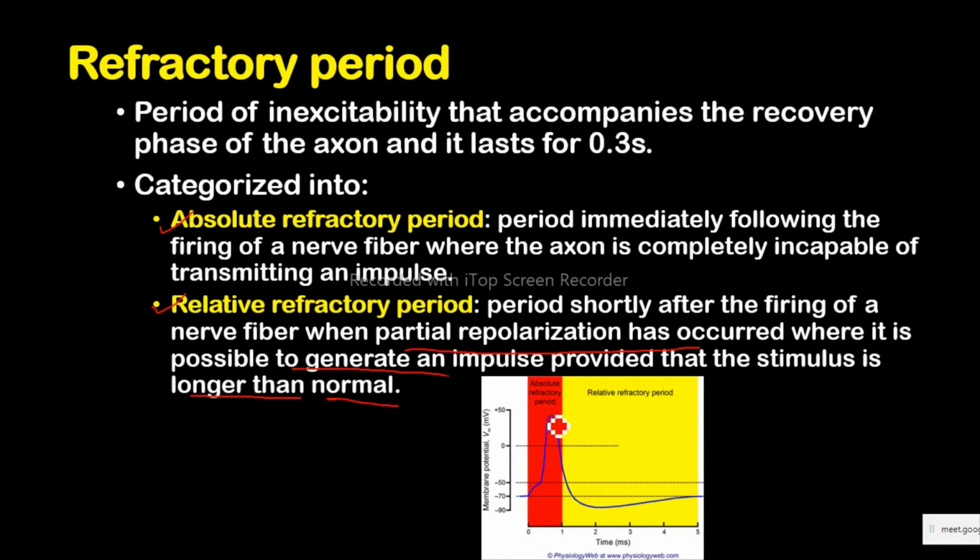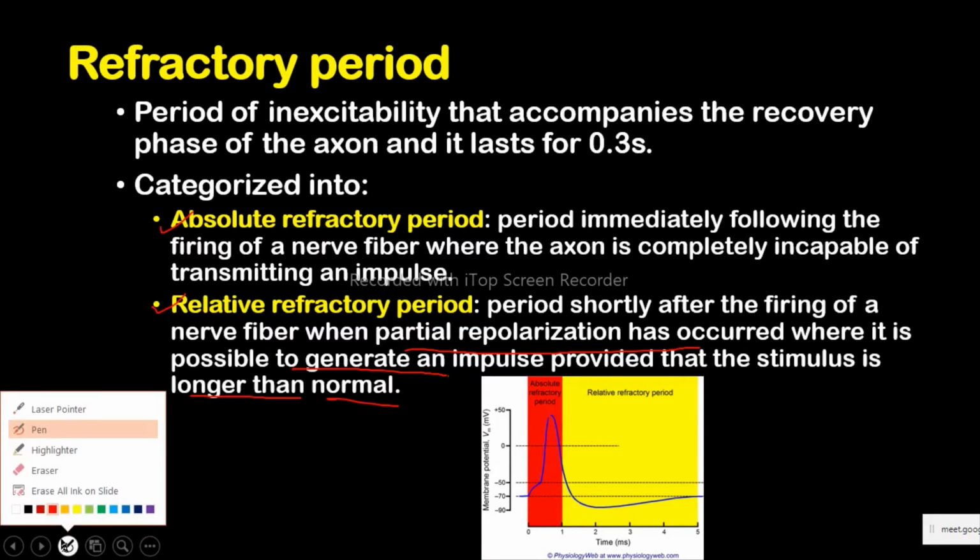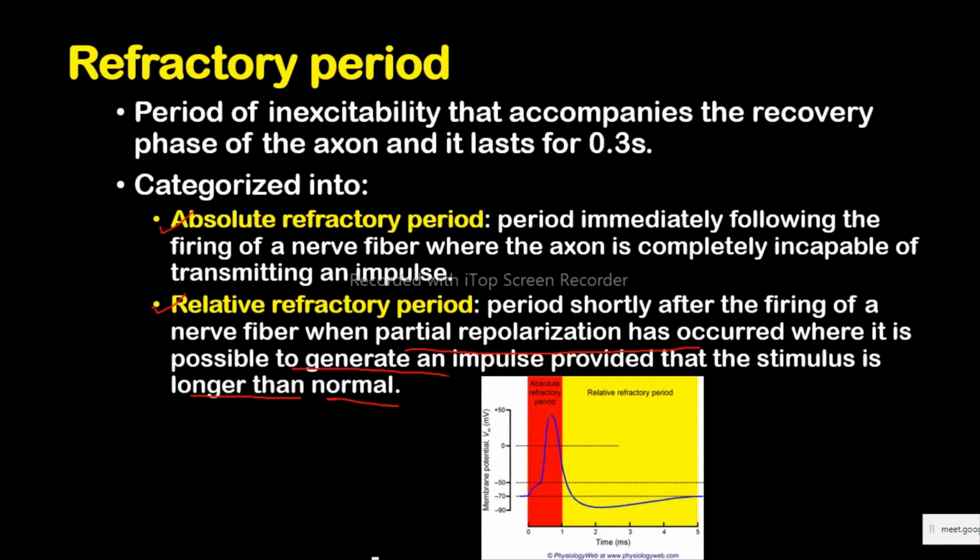Now, shortly after this, at this stage here, they are the same with the graph up to here. Okay, you cannot excite this nerve fiber again. You cannot excite it. Okay, why? Because it has been totally disturbed.